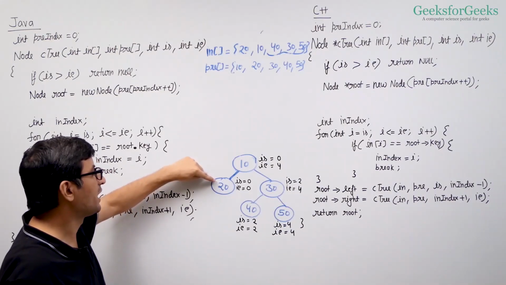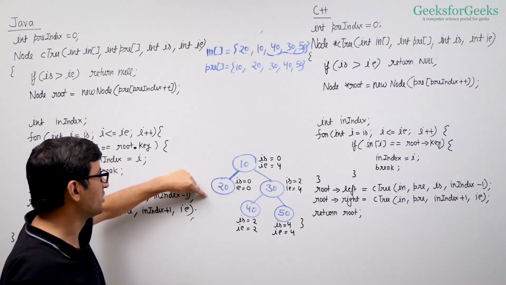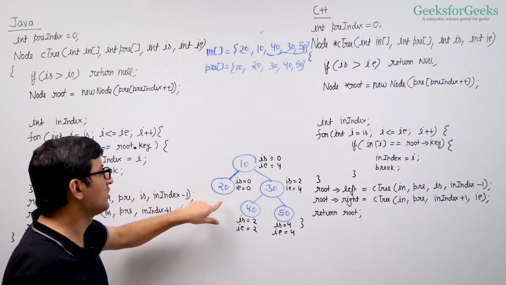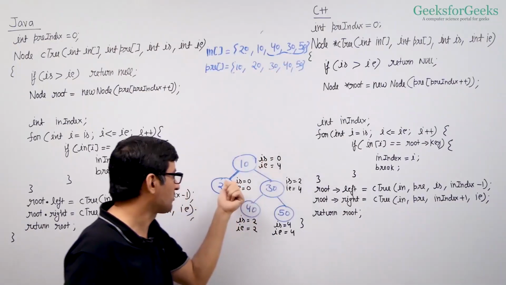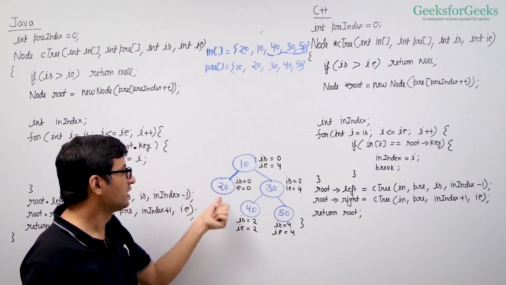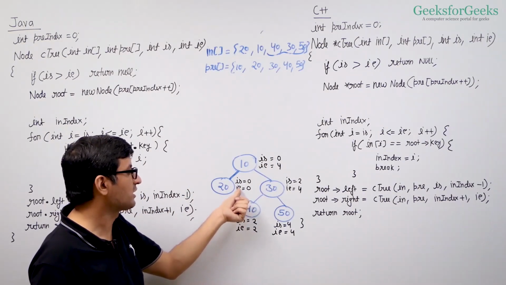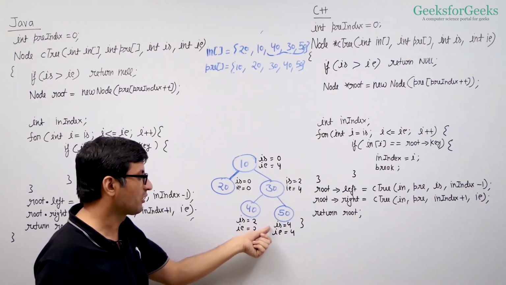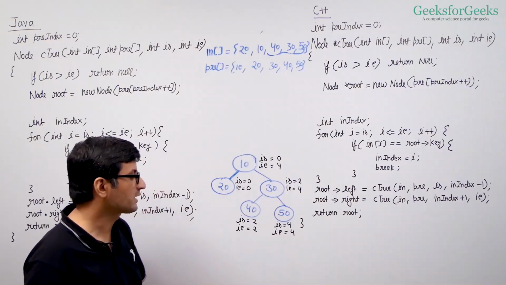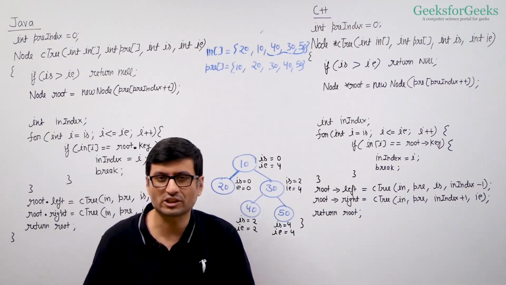So you are going to pass inStart as 0 and inEnd as 0 - 1. So you are going to fall into this case for the left subtree of 20. So you are going to get null. Similarly, you are going to get null for the right subtree, null for the left subtree of this, null for the right subtree of this, null for the left subtree of this, null for the right subtree of this. And that's how this tree is constructed.